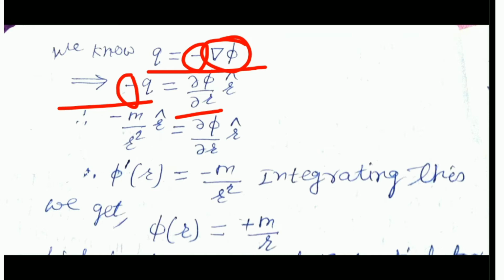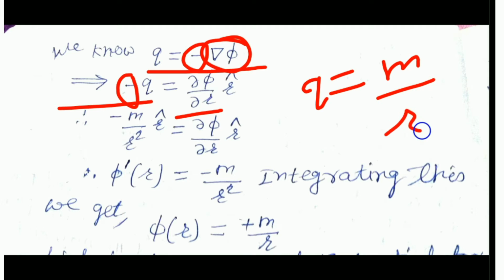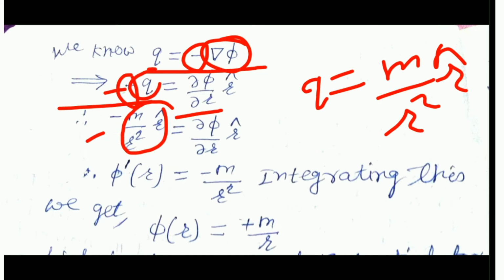So we know that q is m upon r square into r cap. So in place of this q, we take the minus sign as it is here, and dou phi by dou r into r cap as it is.